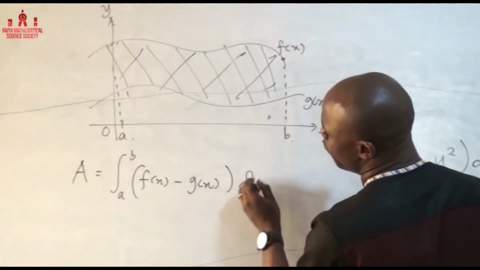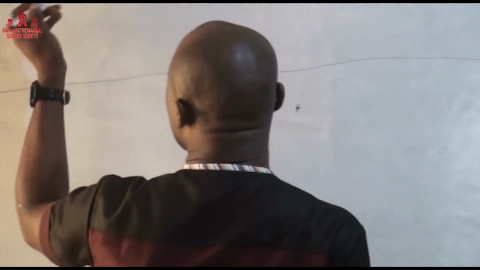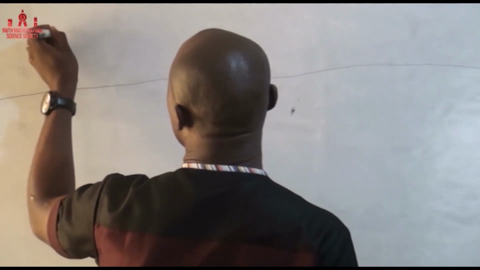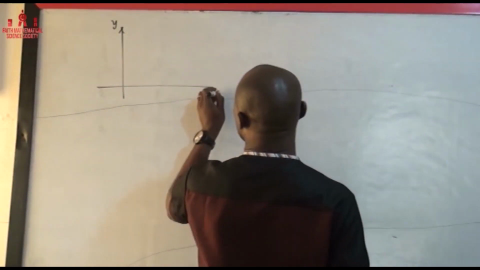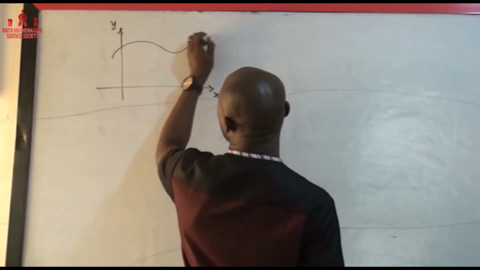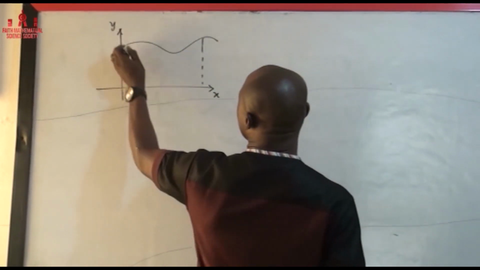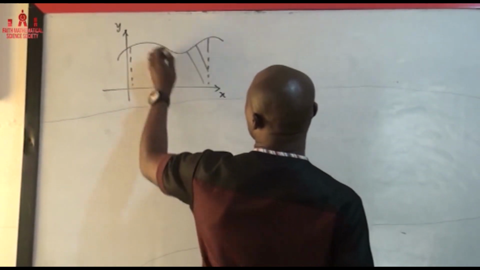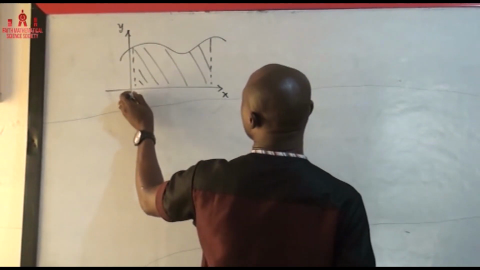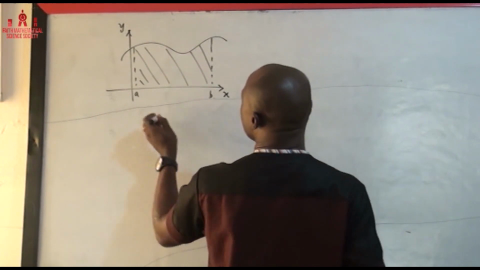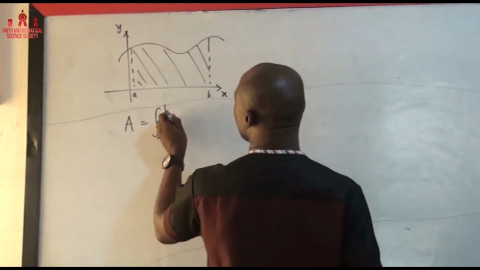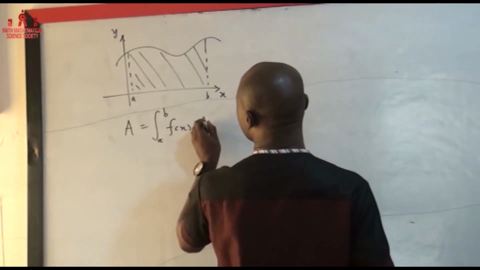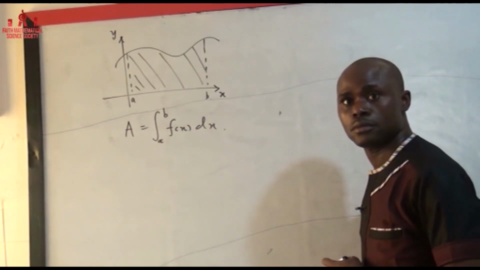and I've done that with respect to dx. In the first part of the video, I proved that if we have this axis, this is the y-axis, this axis, let's look at the plane for now, and I have a curve, then the area under this point, if this is A and this is B, is simply the integral from A to B of f of x dx.